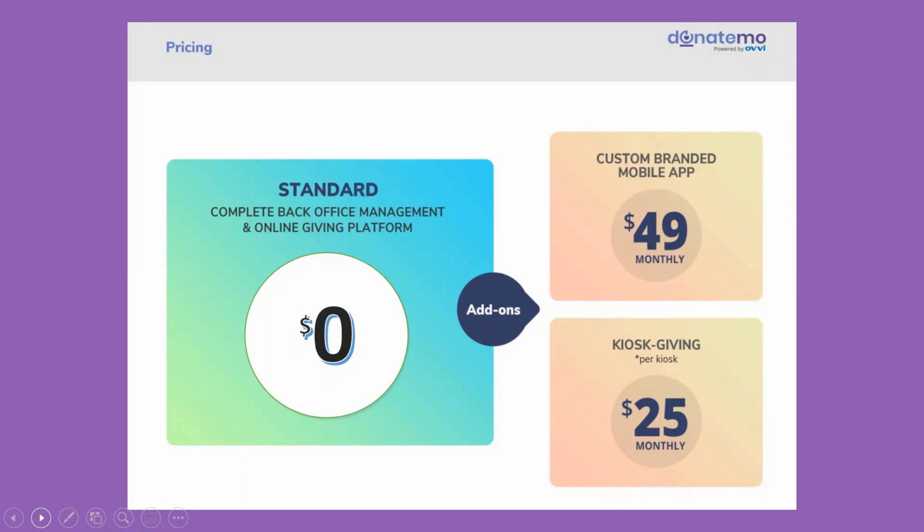We've also identified the additional add-ons like the custom branded mobile app at $49 a month and the kiosk giving option at $25 a month. But again, the back office management platform, of which you've just seen a small slice, along with the online giving platform where the gifts are taking place, those tools are being offered to you today at no cost.